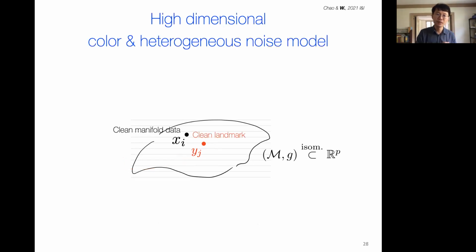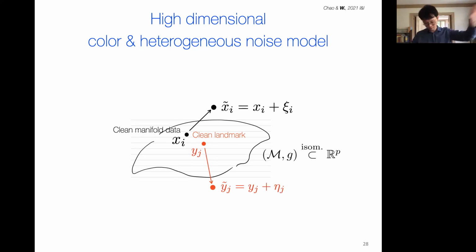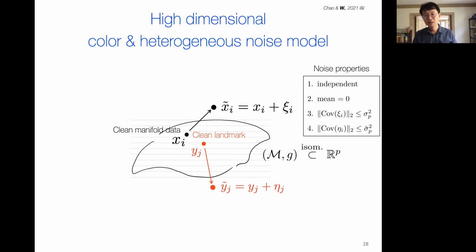And also we want to model the high dimensional colored and heterogeneous noise. So what we do is we have clean manifold data and clean landmarks, and we just add noise. And you can see the points will leave the manifold and spread around. We assume that all the noise terms are independent, but they don't need to be identical.